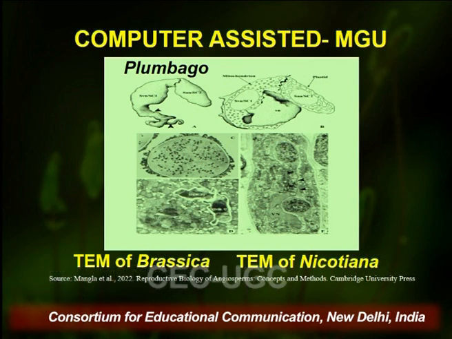Lower down there is a transmission electron microscope image of male germ unit in Brassica, and on the right hand side is a transmission electron microscope image of male germ unit in Nicotiana. Like I just mentioned, sperms can have a similar morphology, the same shape, size, etc. So they are isomorphic sperms.